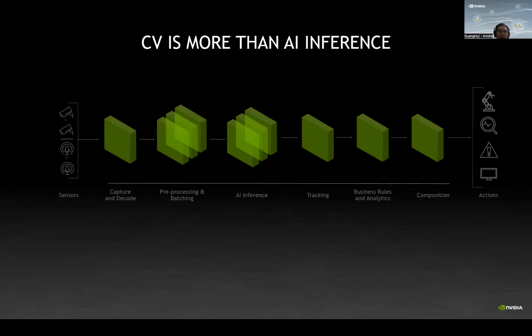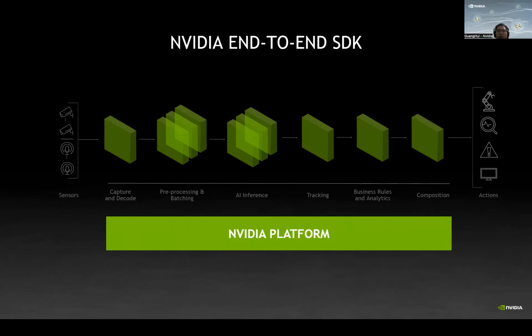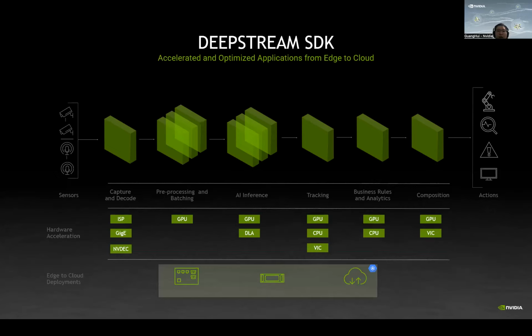So here comes our DeepStream SDK, our NVIDIA platform, where you can have all these pipelines created easily. We create all these as plugins, like capturing and decoding plugins. All the plugins that we have provided are hardware accelerated, and you just need to line them up and form the pipeline based on your needs. It's like playing Lego: which plugin comes first, and which plugin connects with another plugin.